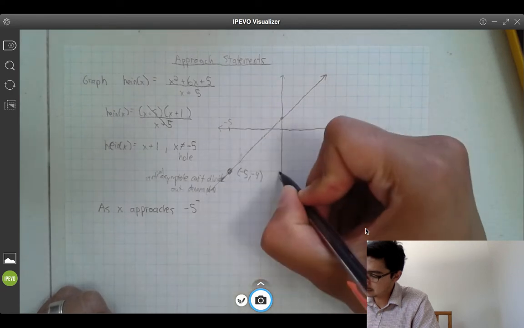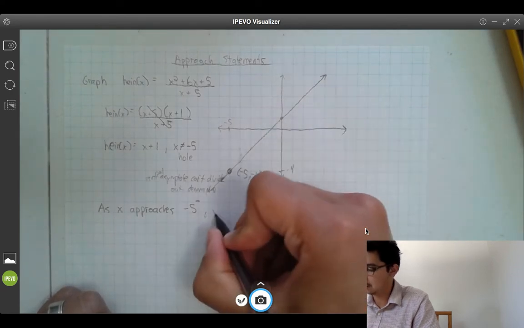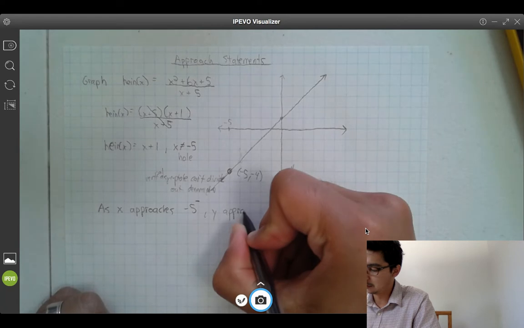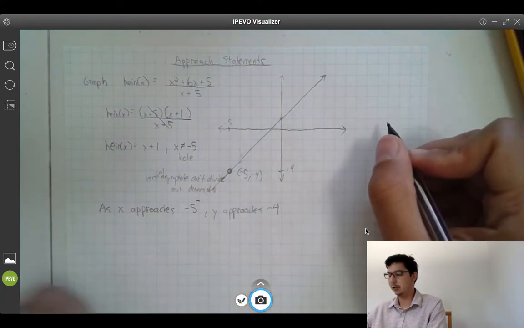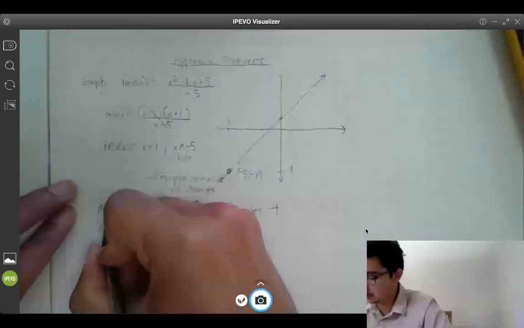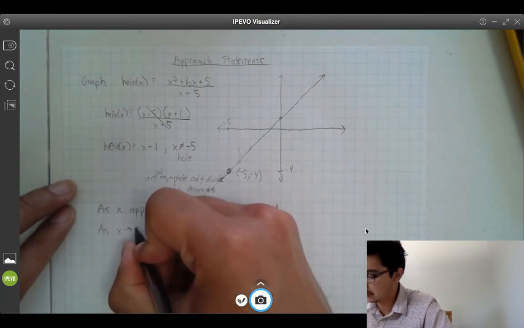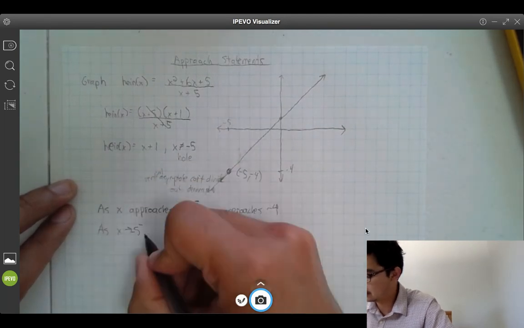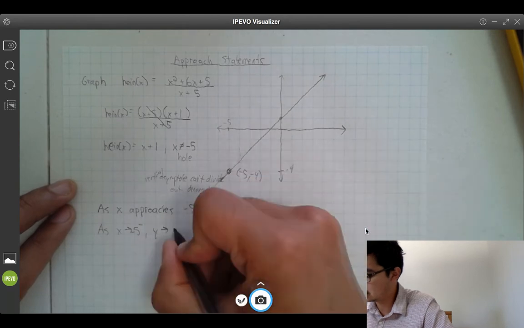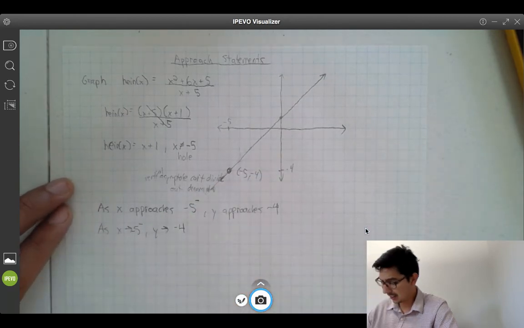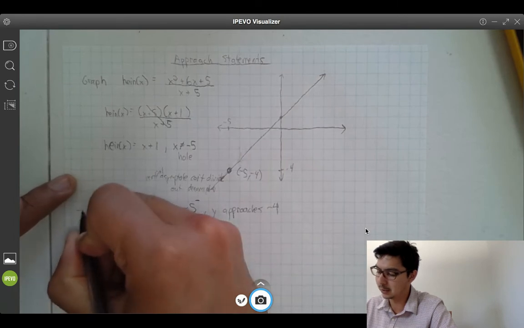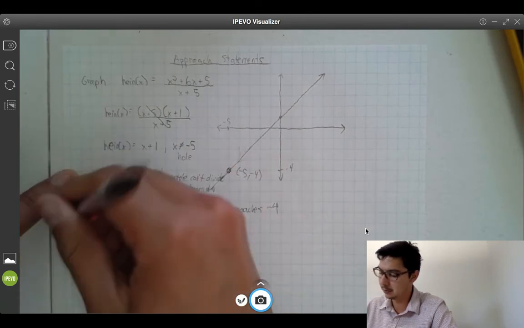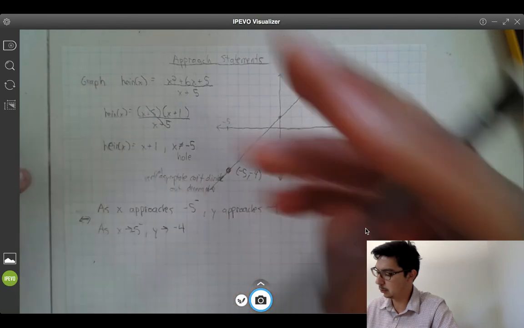Well, that's -4. So you'd say y approaches -4. And you could use letter symbols to do this. So you could do as x approaches -5 from the left, y approaches -4. That's saying the same thing. Those are equivalent. And that's the symbol for equivalent in higher math classes when you get into proofs.